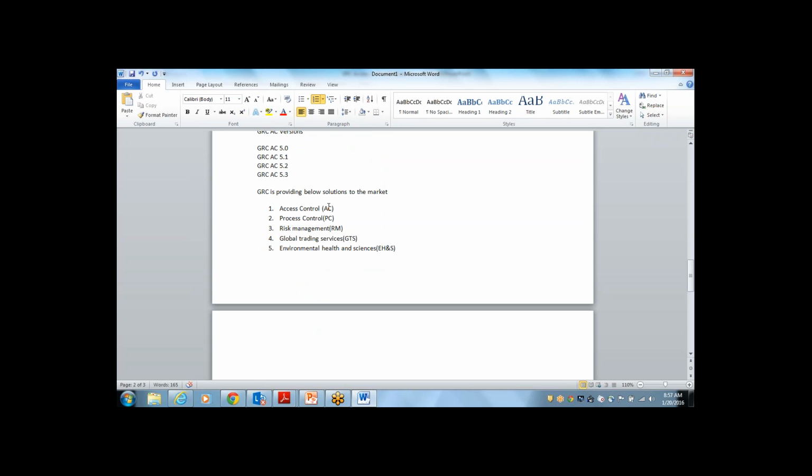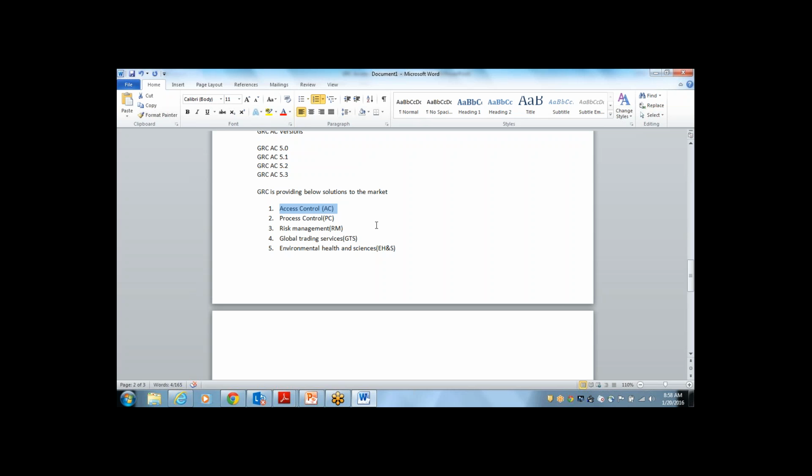Each solution has specific functionality. Access control deals with the access and authorizations of users and roles in an SAP system, and takes care of SOD tools and SOD rules, to avoid misutilization. That is a very important thing. Access is going to play a very major role in an SAP system. The user might be the CEO or CFO or owner of the client or whoever it is, he should have authorized transaction codes. Giving authorization is very important.